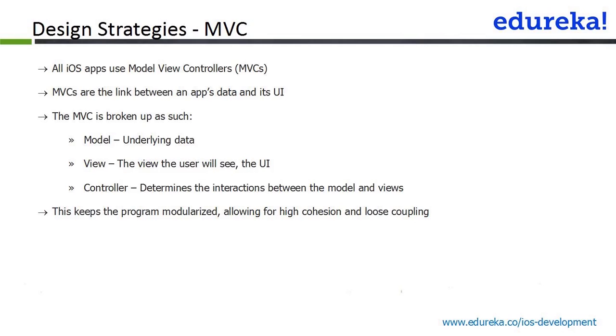There could be many other triggers for change. That's the reason why it's very important to have loose coupling between these three basic layers of an application. The model is where your data is, the view is your interface, and the controller in MVC controls the interactions between these two. Now how it does that is what we'll see.